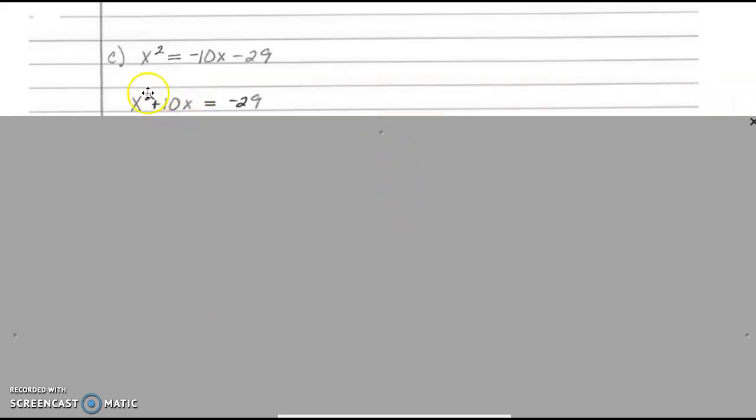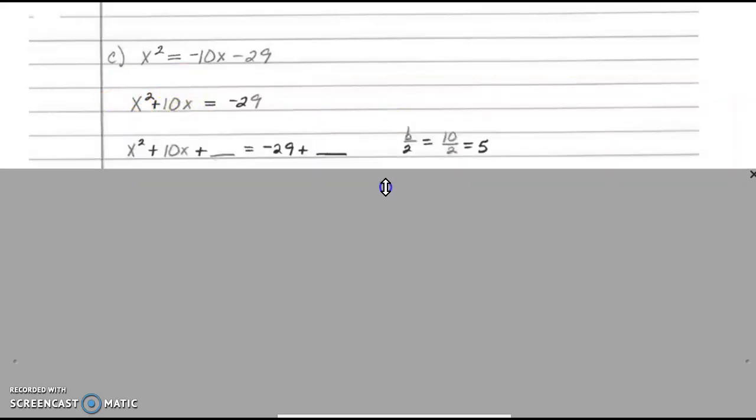Okay, so now we're going to complete the square. Since we added that 10x over, we're going to complete the square on the left, and remember, whatever we add to the left, we also have to add to the right. So b over 2 would be 10 over 2, which is 5.